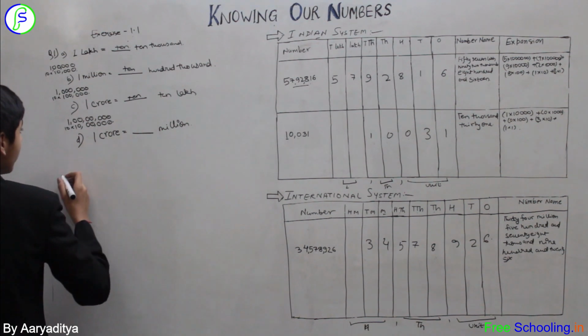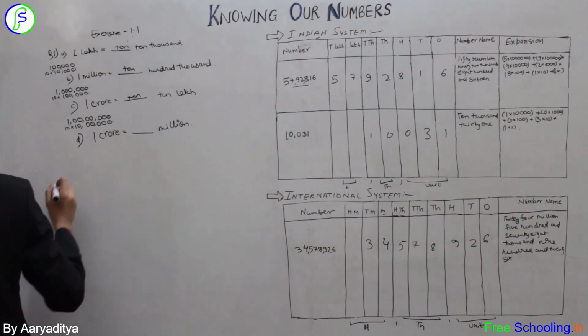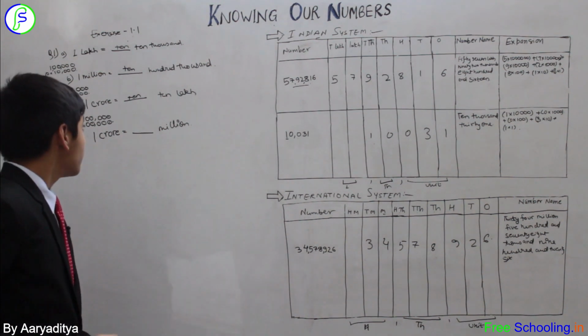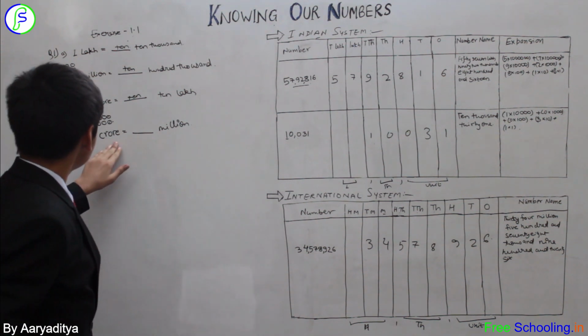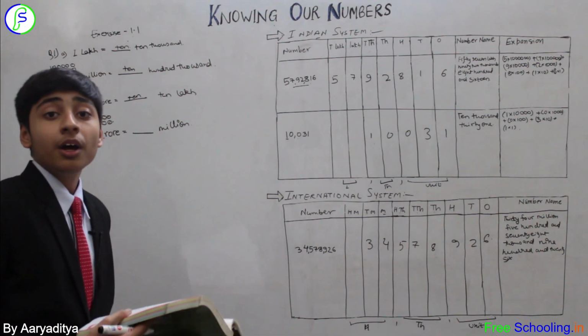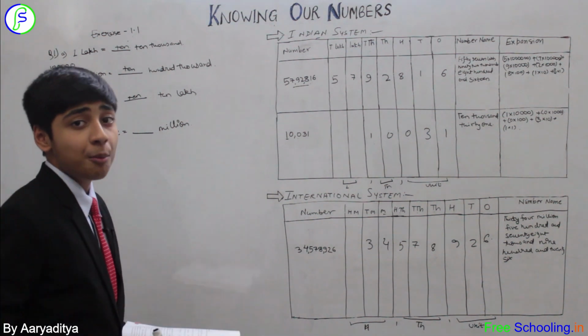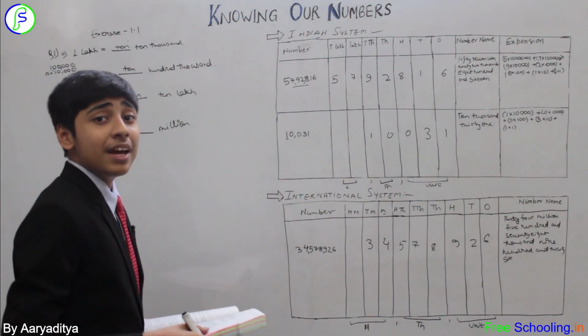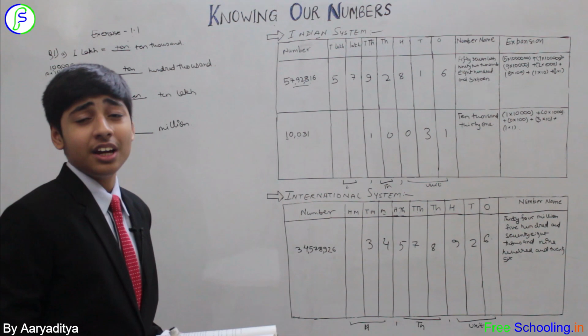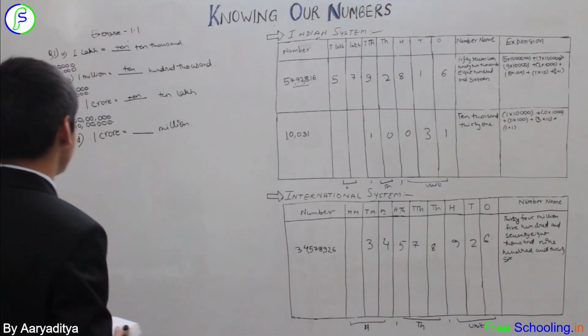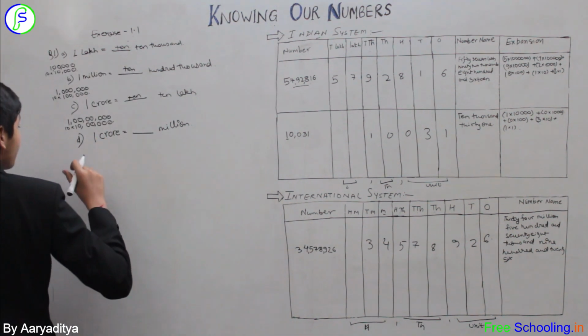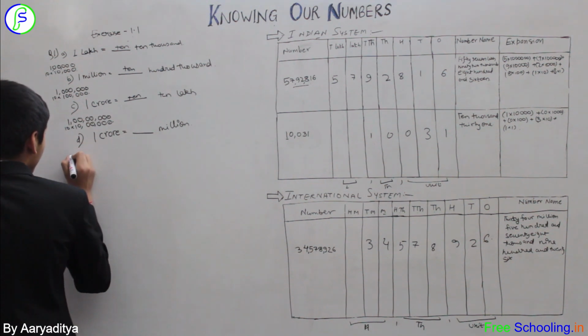So let us write 1 crore in numerals. See here that if there is an Indian system and an international system, you may not use commas, as this may make it a little bit difficult to solve the question. So let us write it without inserting commas.